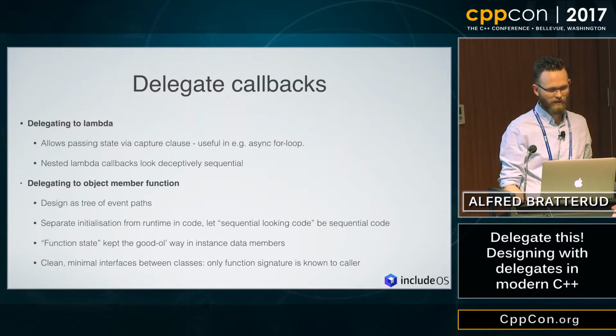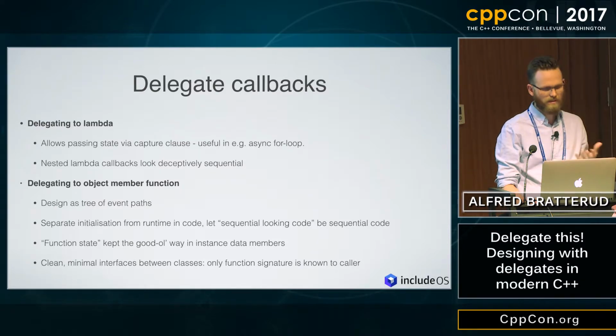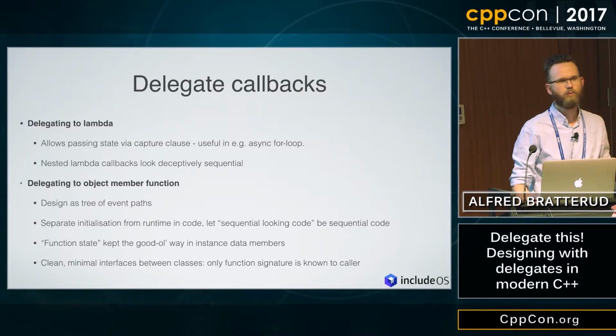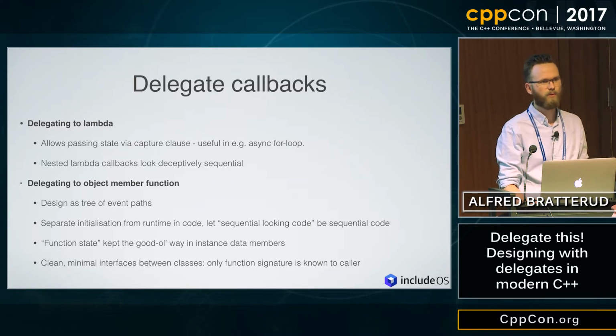And they can look deceptively sequential, although they're not. If you design as a tree of event paths, it might be simpler. It's not necessarily that you can always do it like that, but in our case, it was possible to do it like that, and it feels quite intuitive to work with.